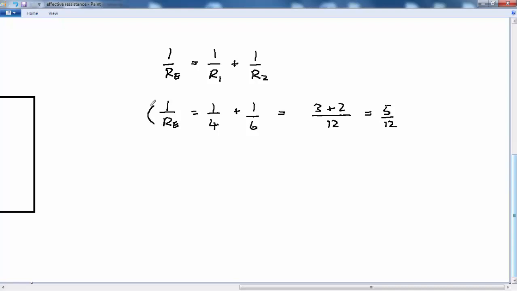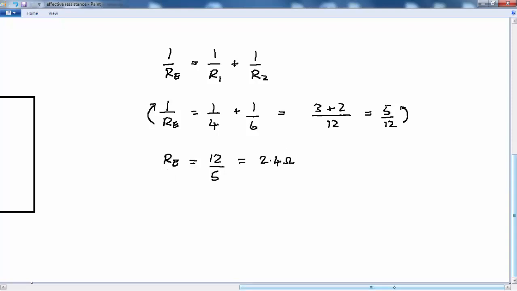If we invert this side of the equation, we need to invert that side as well, as you well know. That gives us RE over 1 equals 12 over 5, and RE divided by 1 is RE, so that comes out as 2.4 ohms.